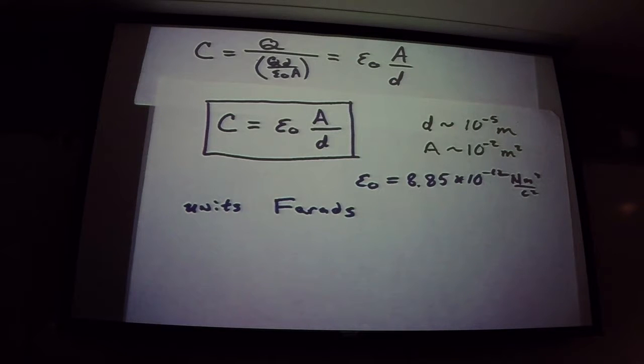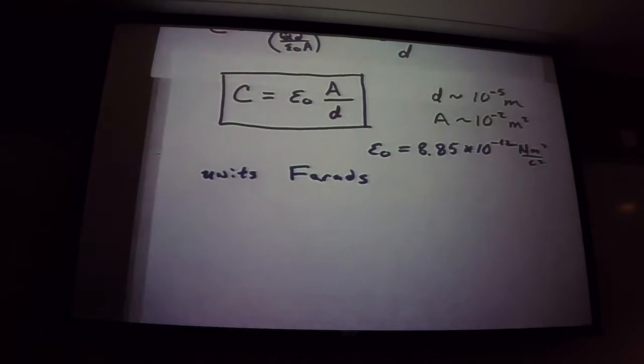There are some 1 farad capacitors that they make for instructional purposes only, so that students can have nice numbers to work with. Most capacitors that you work with are on the order of microfarads or nanofarads or even picofarads, pico being 10 to the negative 12th. So most of those things are going to be very small.